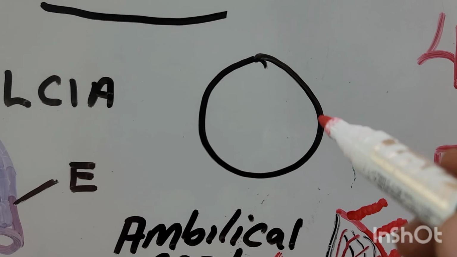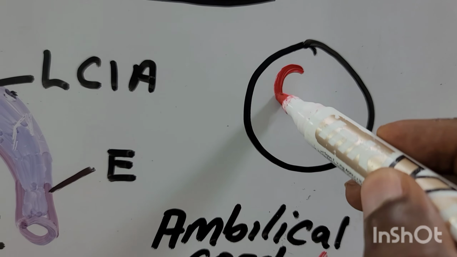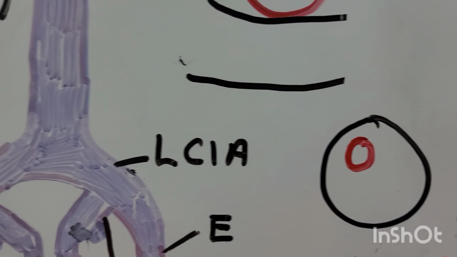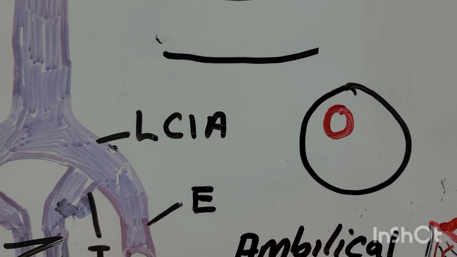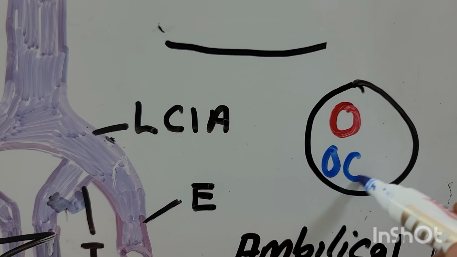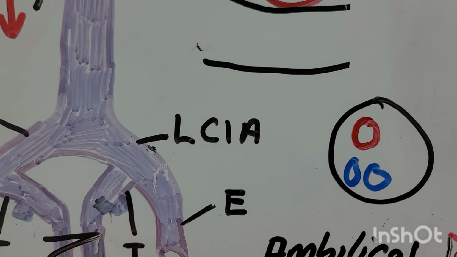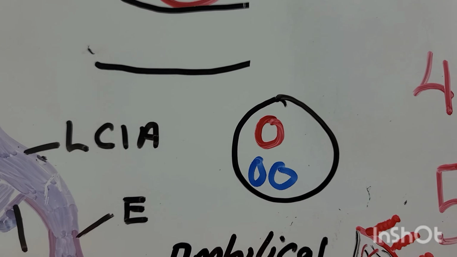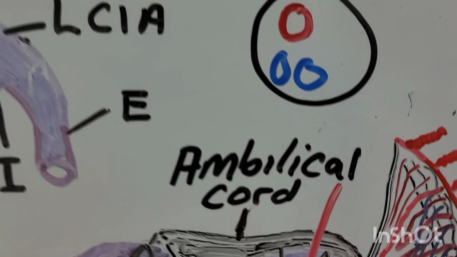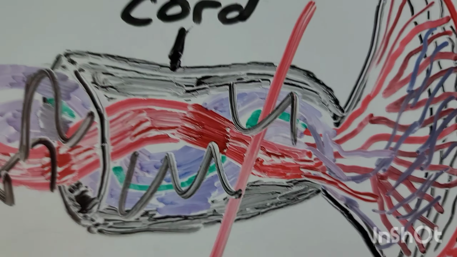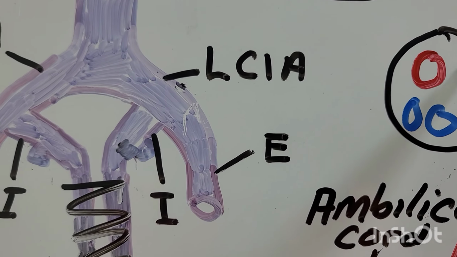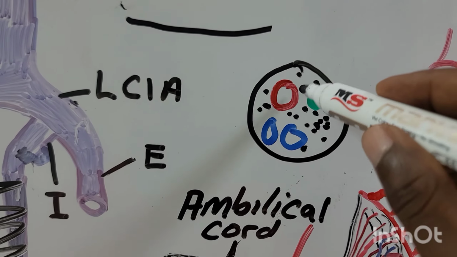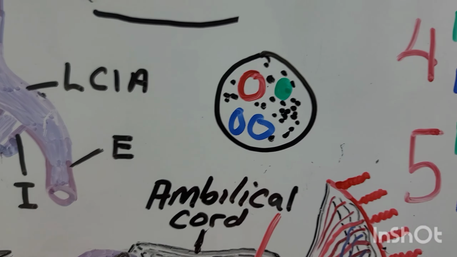In this cross section, you're going to have one umbilical vein and two umbilical arteries, and then also another structure which you are seeing here, which is a bit greenish. This structure is what we call the allantois, and also you're going to have this jelly.